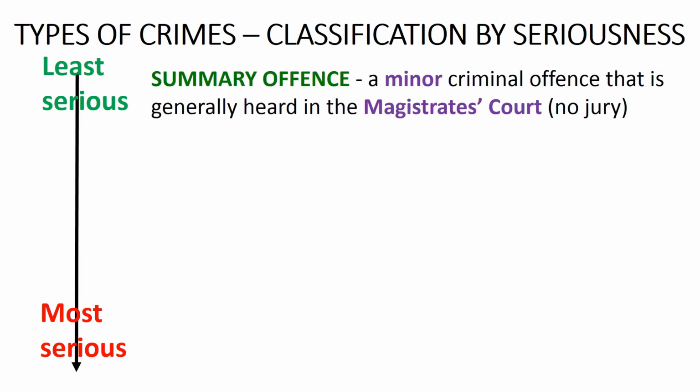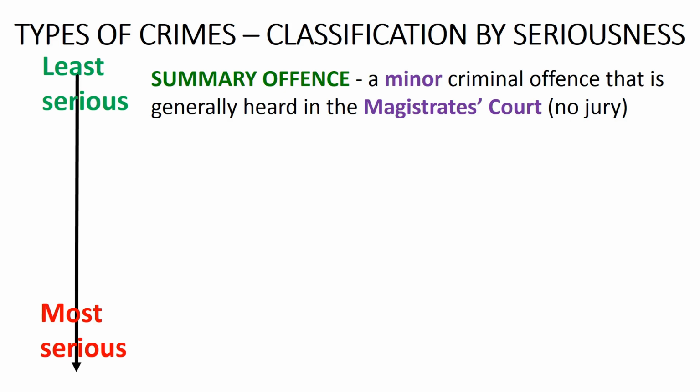A summary offence is a minor criminal offence that is generally heard in the magistrate's court. Look down the left-hand side of your vocabulary sheets, find the term summary offence and write this definition in there. Once you've done that, highlight the words that are in bold purple type. Whenever you're required to define the term summary offence, try to remember to include the highlighted words in your definition.